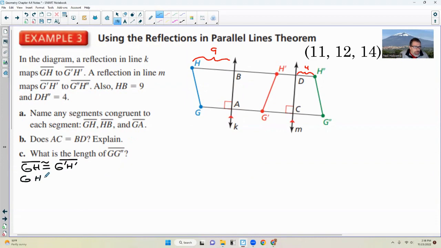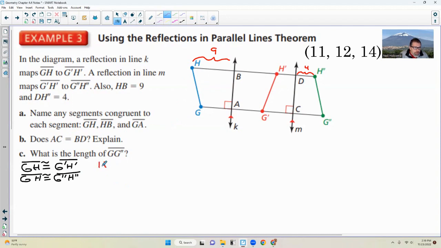GH is also congruent to, since GH was reflected across K to become G prime H prime, and G prime H prime is a reflection across line M to G double prime H double prime, then all three of these segments are equal. So G double prime H double prime is congruent to GH as well. Okay, so that's part of A.